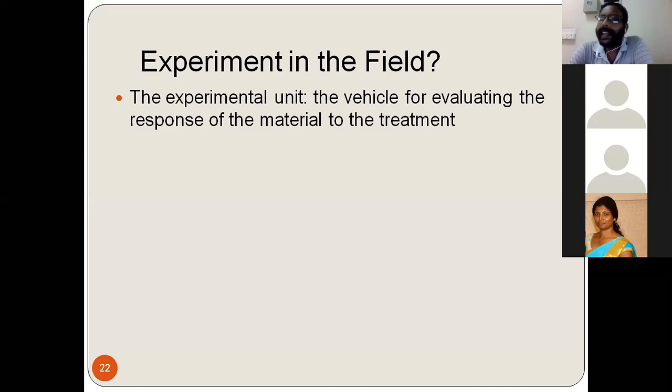So what do you mean by vehicle? This is just a definition, so you can write it in your own language, your own phrases. Actually, it is the experimental unit. It is the unit where we measure the response.